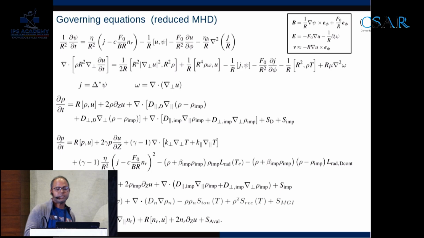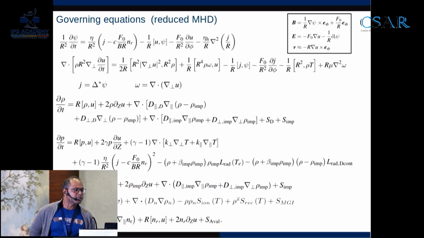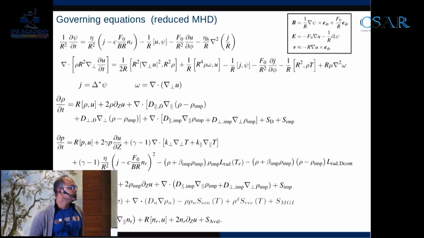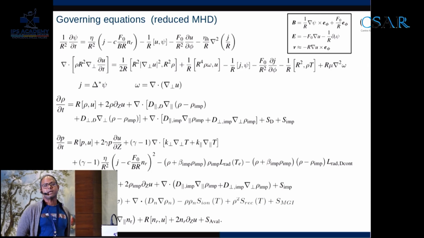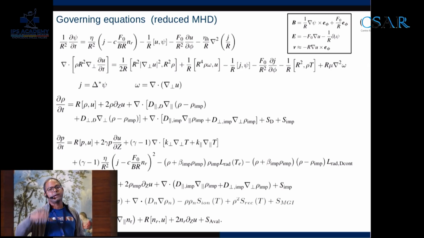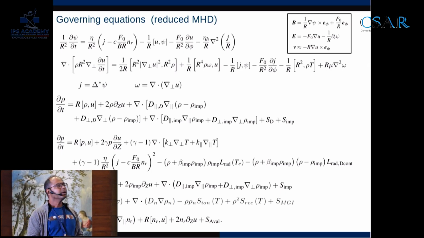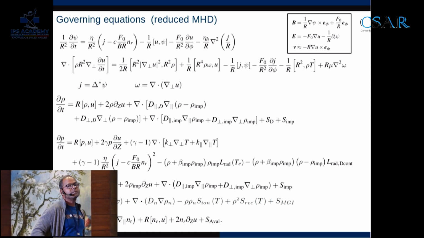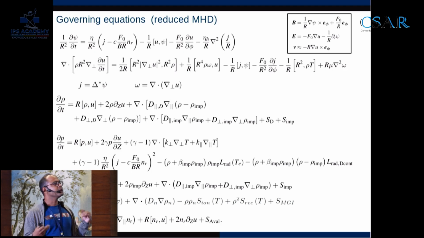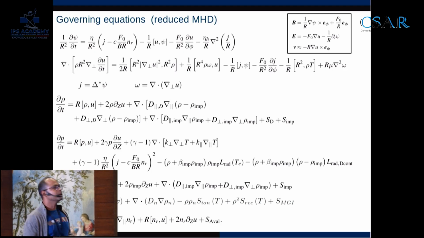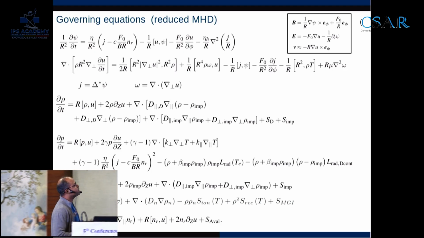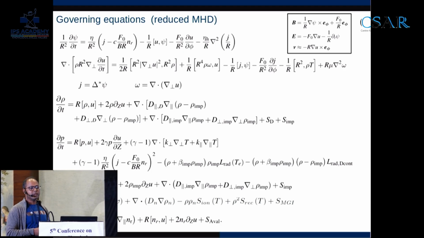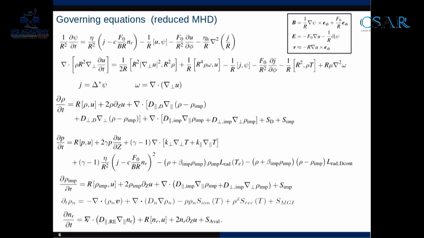All these equations put together, 9 or 10 partial differential equations, are solved using second order finite elements in the poloidal plane and Fourier decomposition in the toroidal direction. After discretizing using implicit schemes, you get a huge system of linear equations at every time step, which is solved using a preconditioned GMRES. So that is what goes on in the background. The code is fully parallelized using MPI and OpenMP.